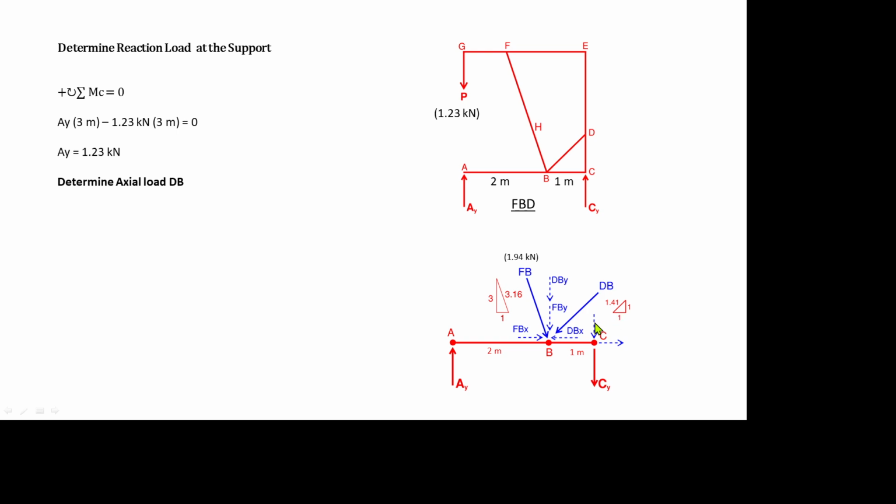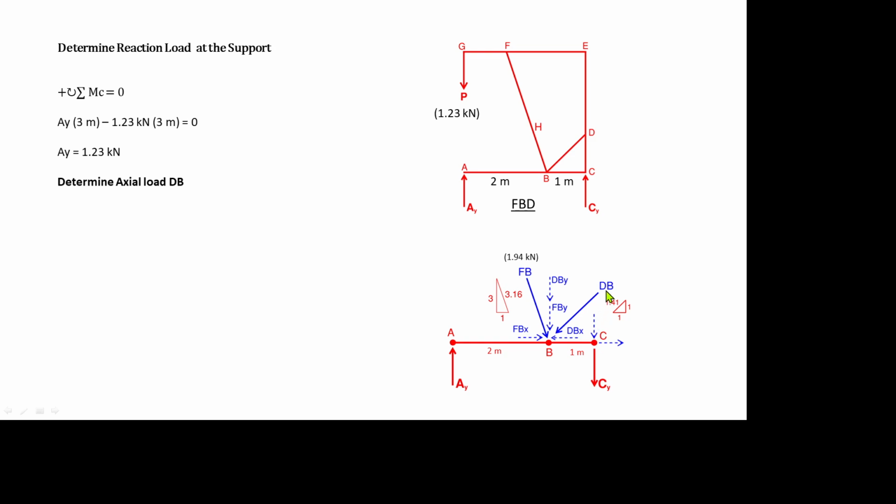So now if we sum up moments along vertical forces, we have two unknowns here. We have FB and AY, but AY is already given here. But we have CY, another unknown. So I think it's better to sum up moment at C.